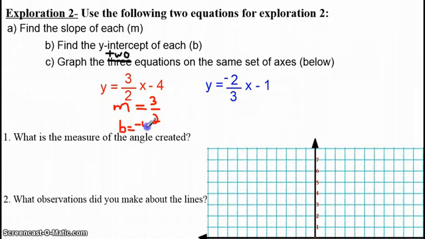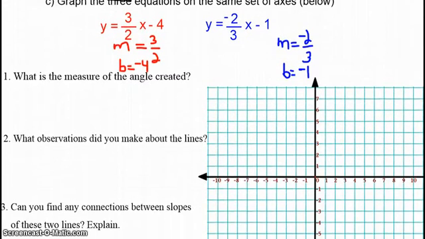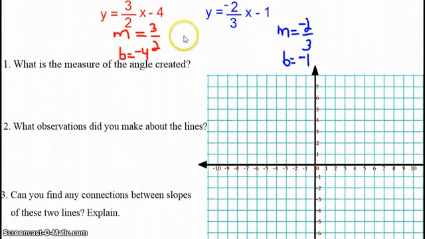So like before, I encourage you to pause the video and try it on your own for the second equation. So we have a slope of negative 2 over 3 and a y-intercept of negative 1. So now we're going to go ahead down and graph our two equations.